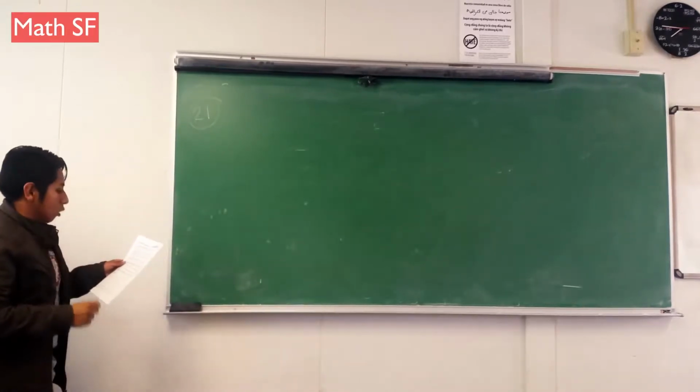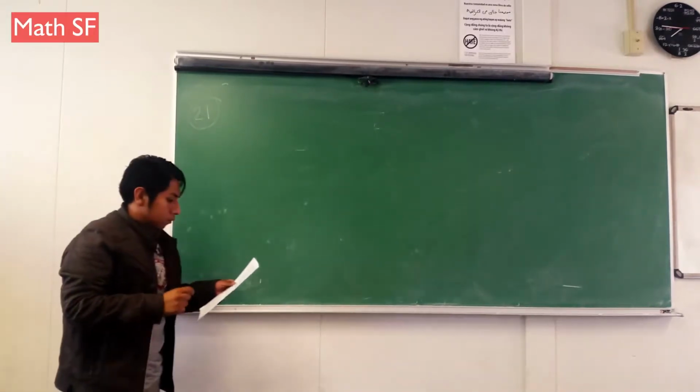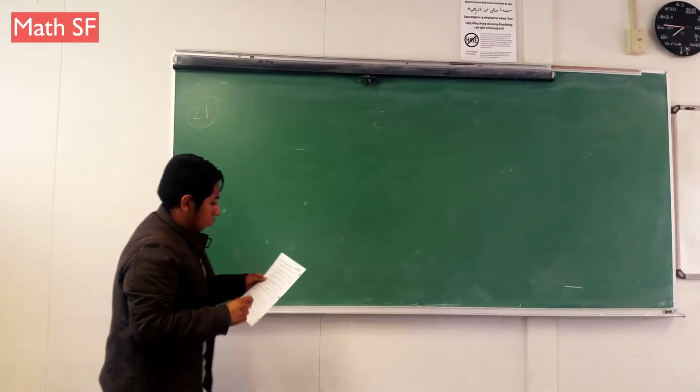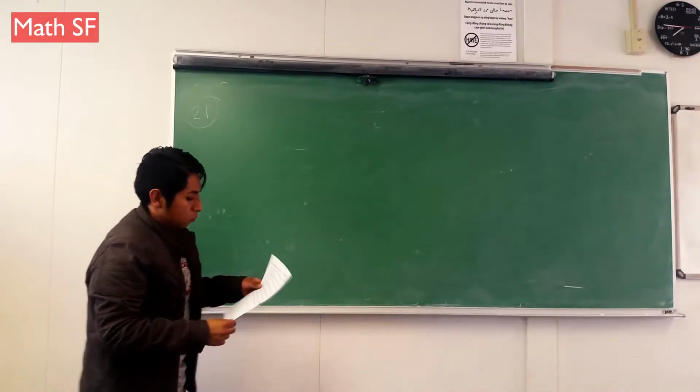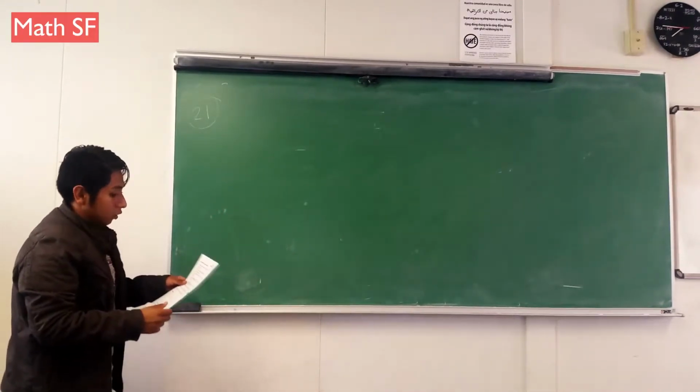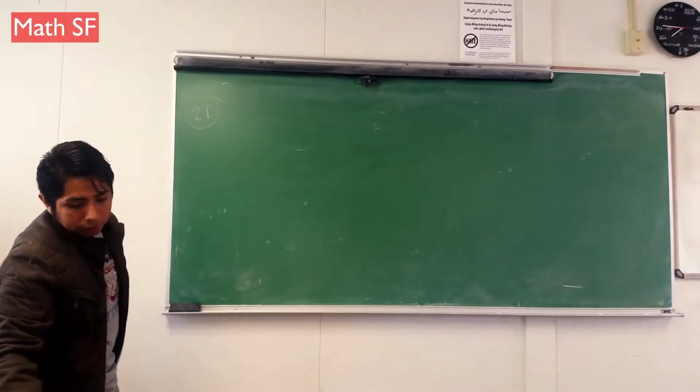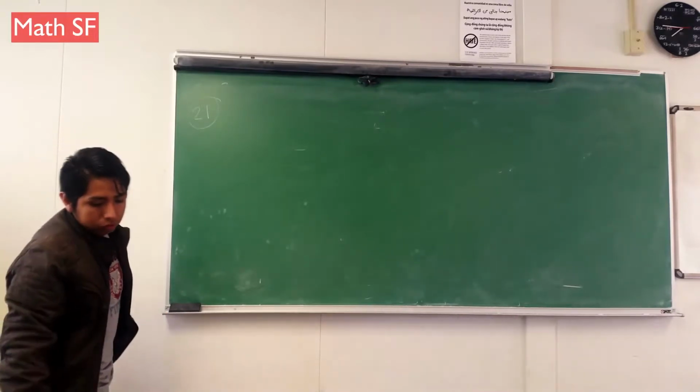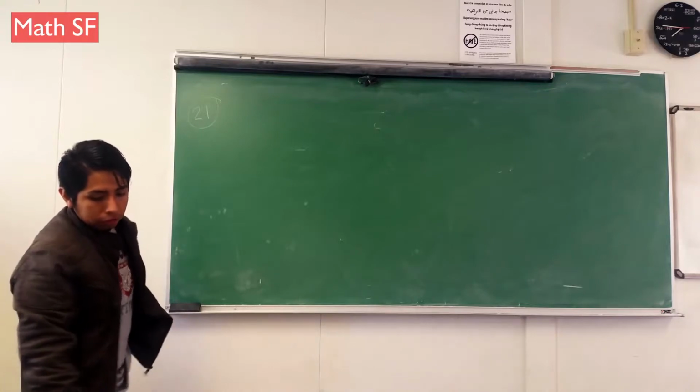Problem 21 says, for a party, Karina wants 60 servings of punch that each contain 5 1/4 ounces. How much punch does she need?